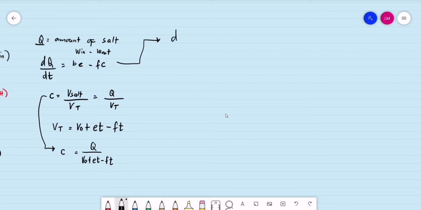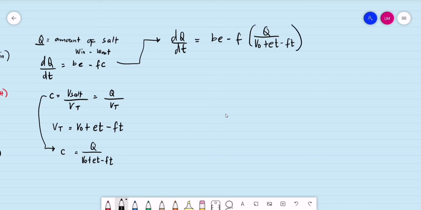The rate of change of the amount of salt with respect to time is BE, then minus FC, where C is the amount of salt Q divided by the total volume, V sub O plus ET minus FT.